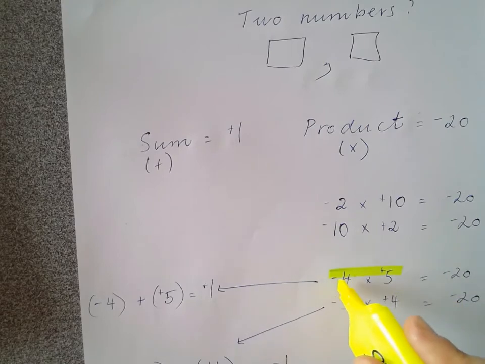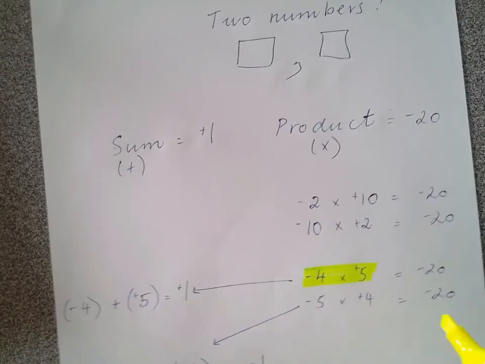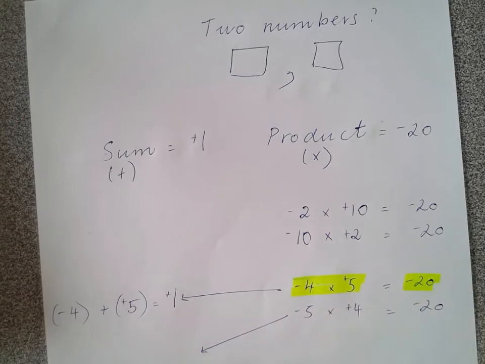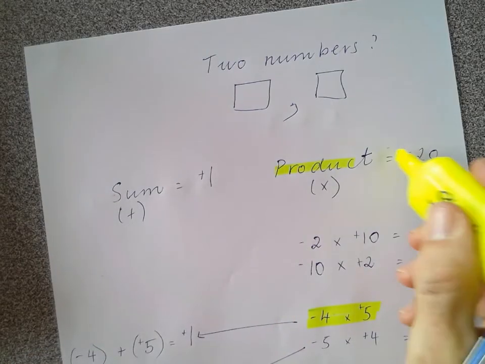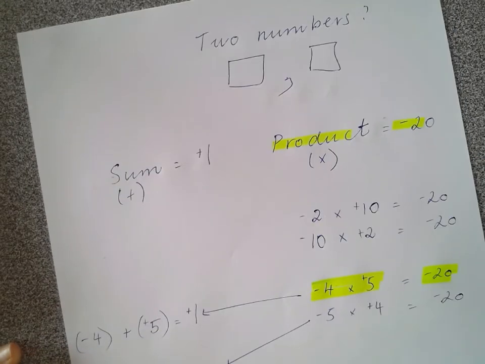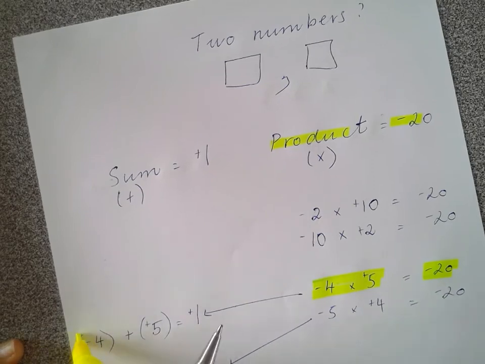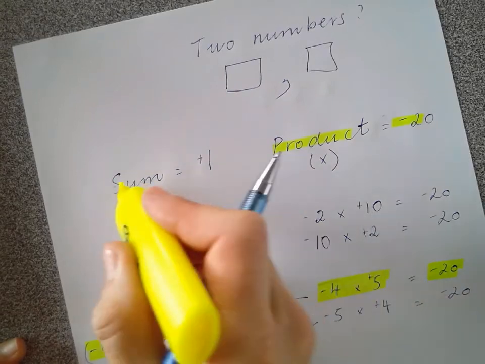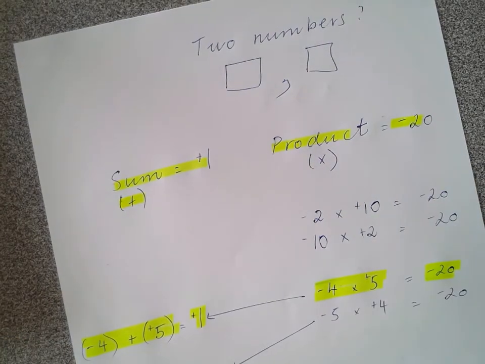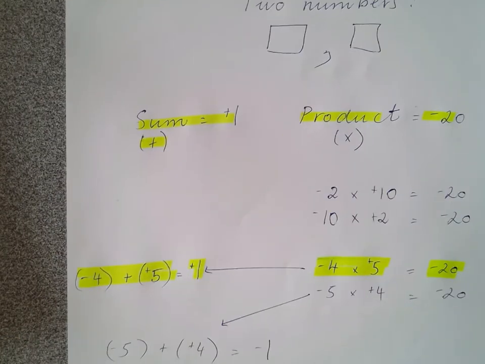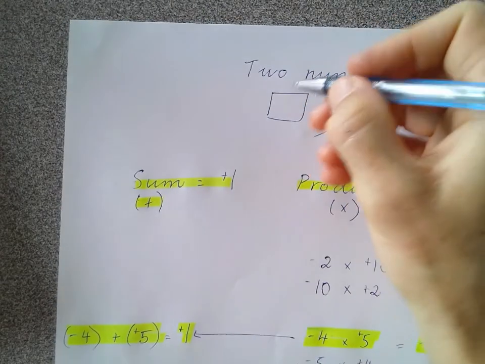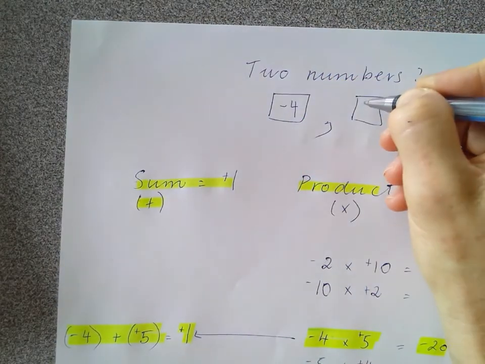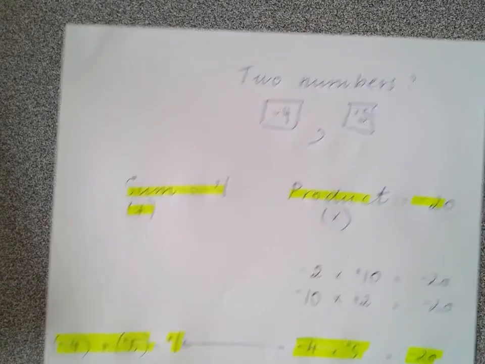Negative 4 times positive 5 gives me negative 20 as a product. Negative 4 plus positive 5 definitely gives me positive 1 as an answer. So my two numbers are negative 4 and positive 5.